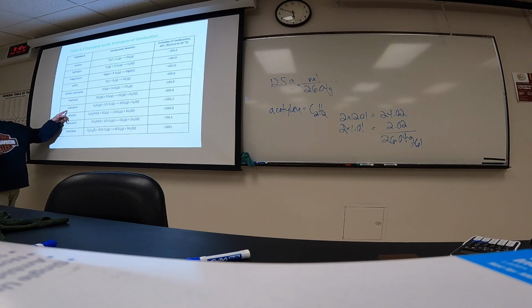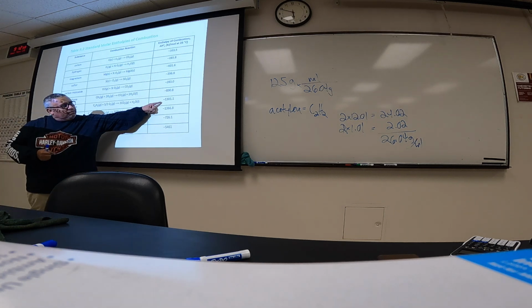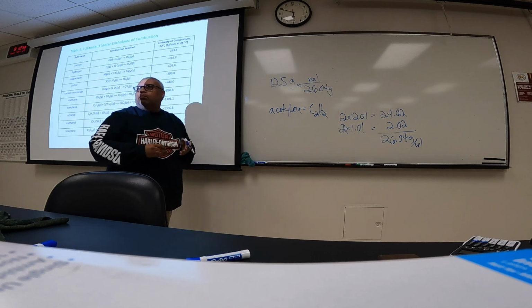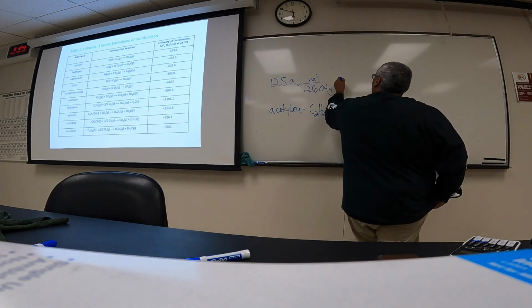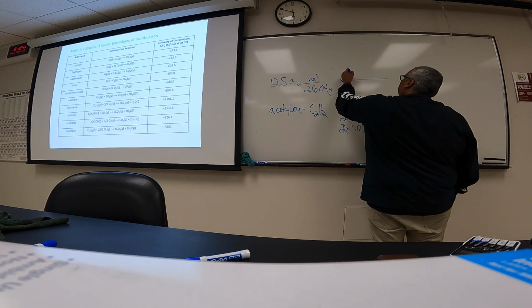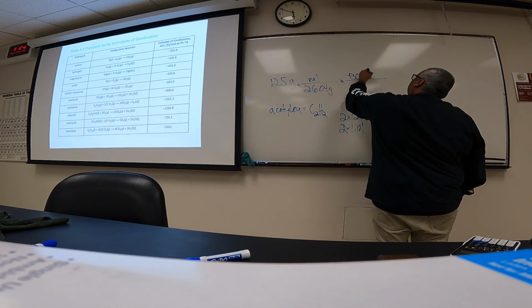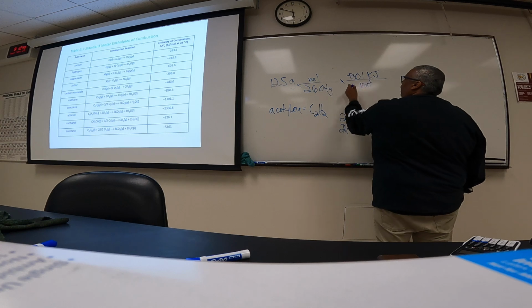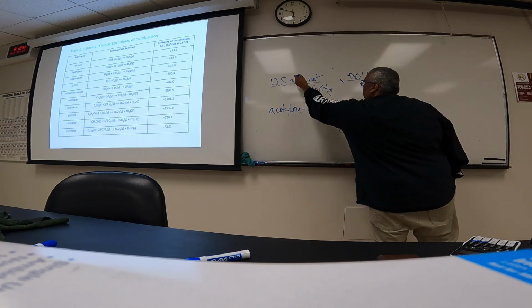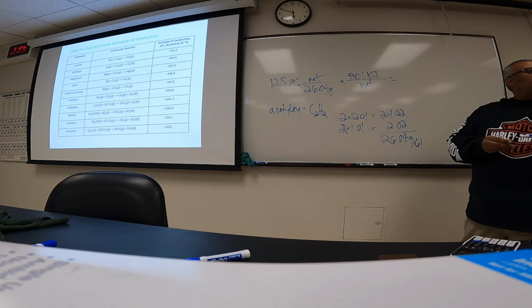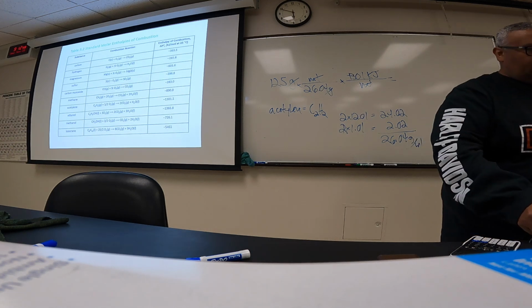So here's acetylene. It's negative 1,301 kilojoules per mole of acetylene. So we can determine just how much enthalpy that is.